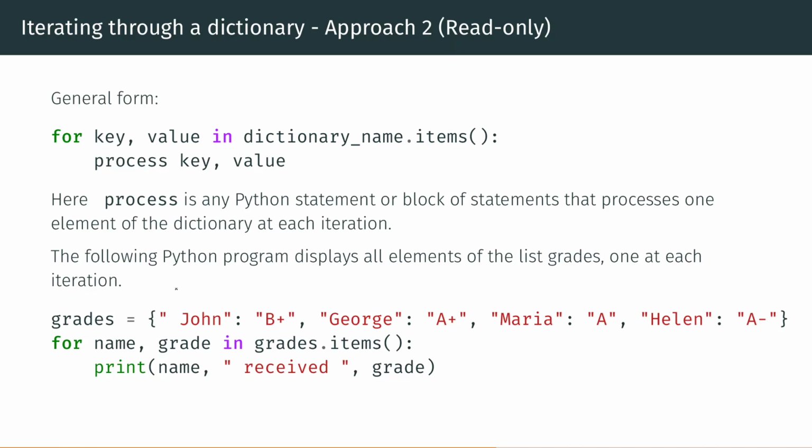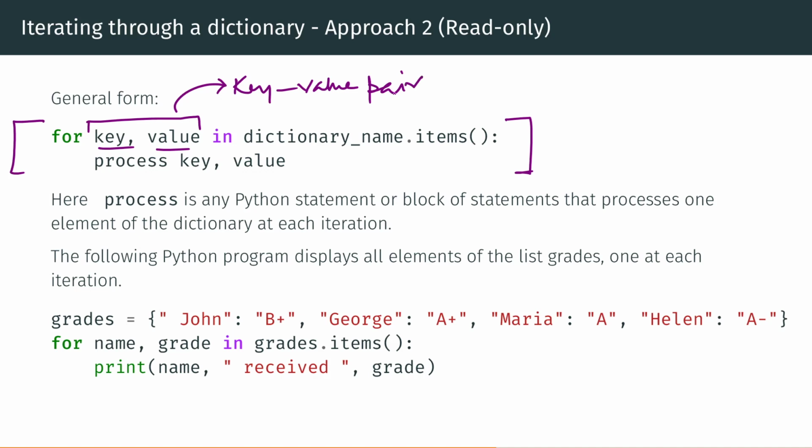Okay, and that approach takes the general form of this. Here you say for each key, value pair in dictionary_name.items(), the dot operator. This is a predefined function that you can run on dictionaries.